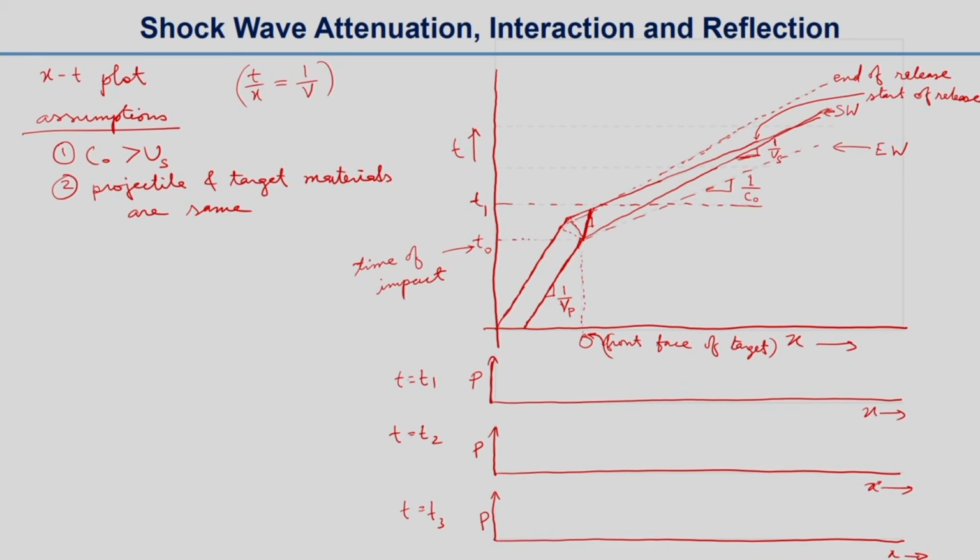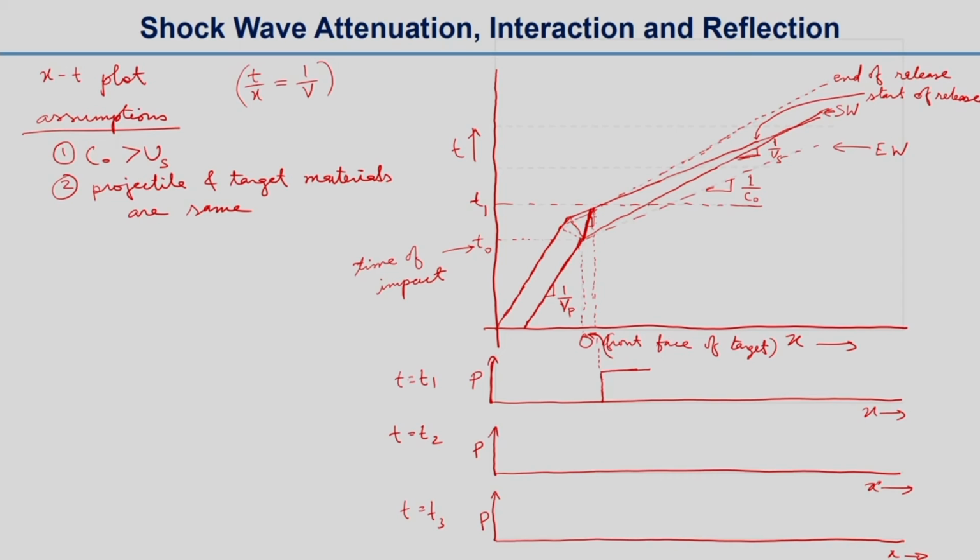That is when the projectile touches the target. So, now at time t equal to t1, the projectile head, the projectile front face in touch with the target, will be in this position. What we will do is show the wave pulse here.